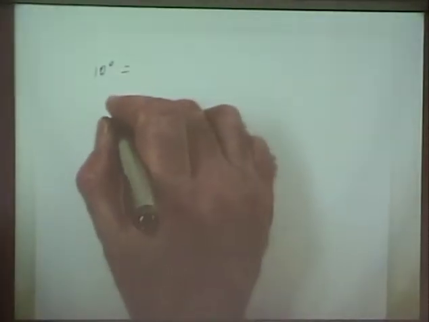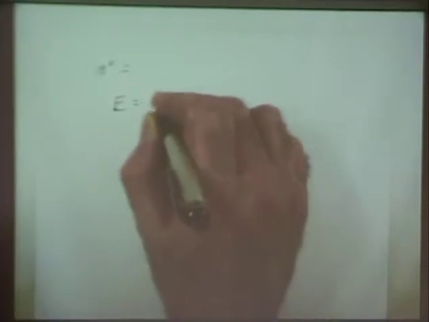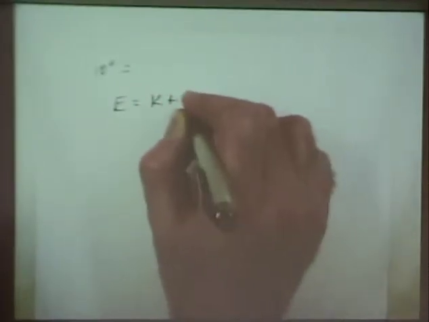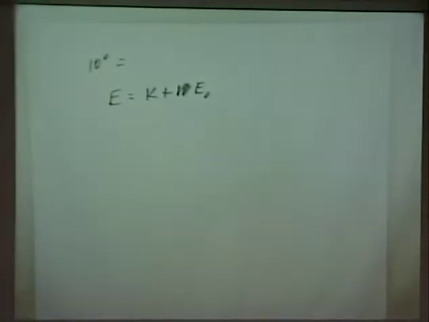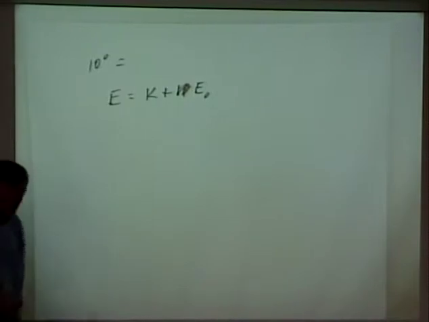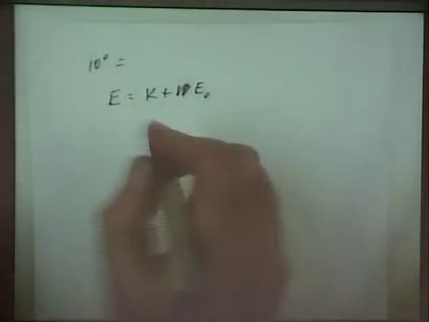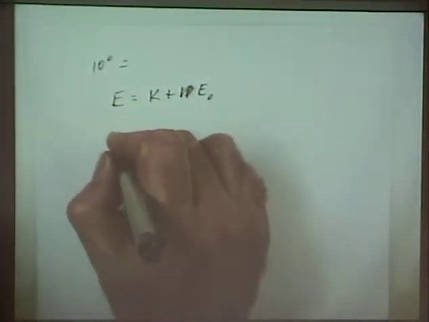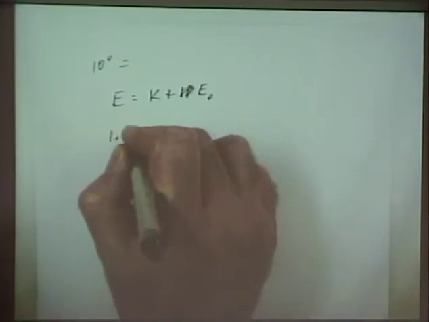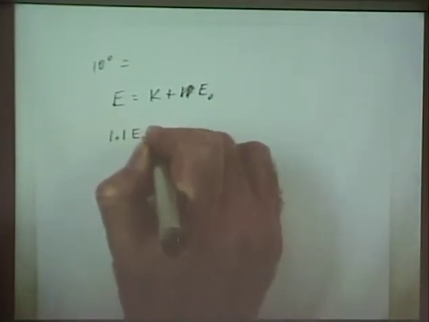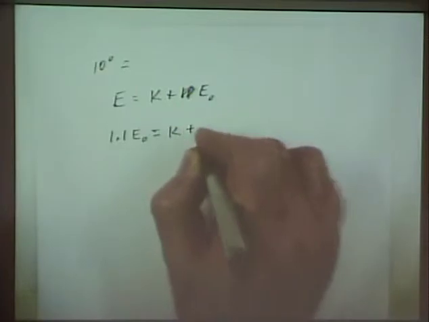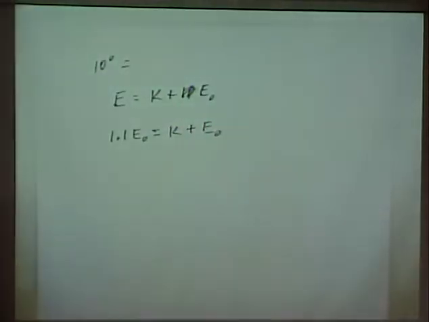So that would mean that E equals K plus E naught. Whoops. I don't know why I put the 10 there. It's because that's the kind of day I'm having. All right. Now then, so the total energy is equal to this. Now we know this. We know that what we want is 1.1 of E naught equals K plus E naught, right?